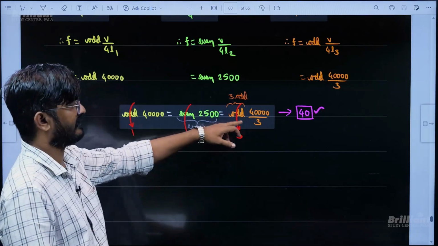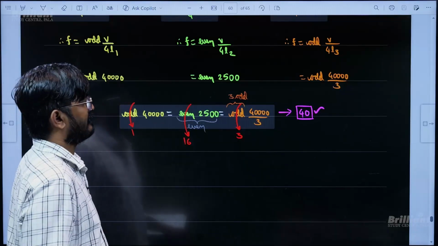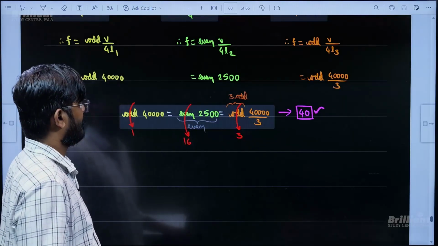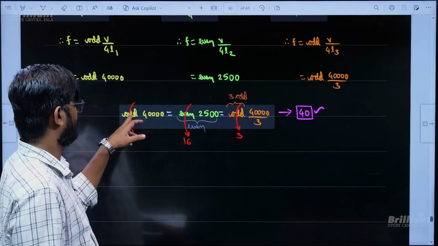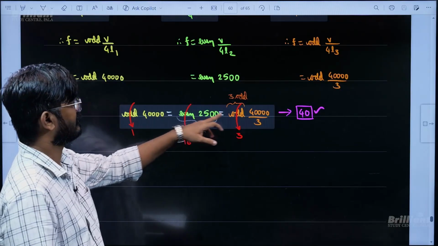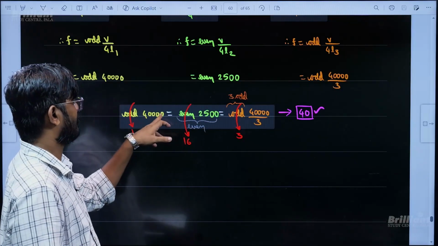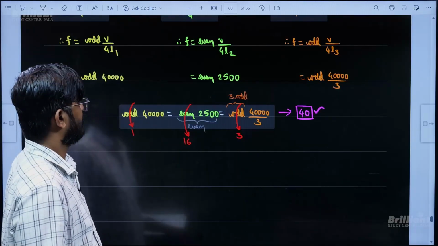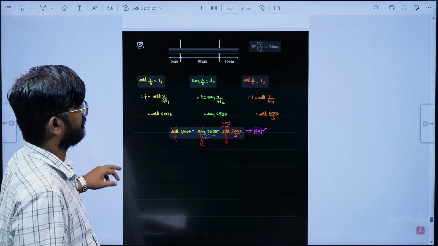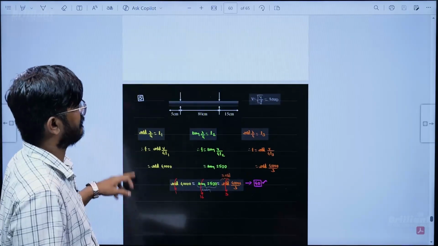From there you expect that odd number to be a multiple of 3. Anyway, a quick guess can show you when this is 1, this is going to be 3 and this is going to be 16. So 40,000 is going to be the frequency for which it will be in resonance for the first time.